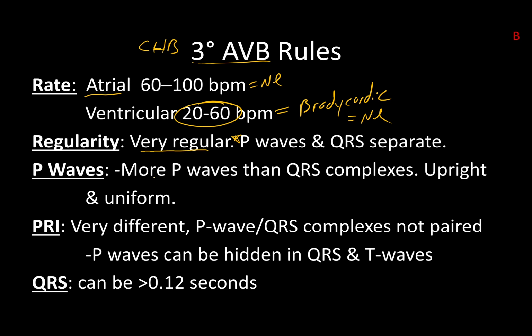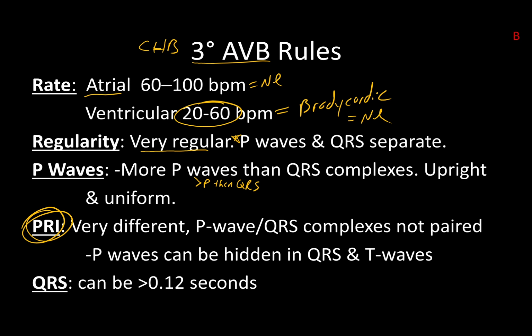You're going to have more P waves than QRSs. They're going to be upright and uniform, and that's cool. The PRI is what's really going to clue you in as to what's going on. When we talked about first degree block, the PRI was longer.